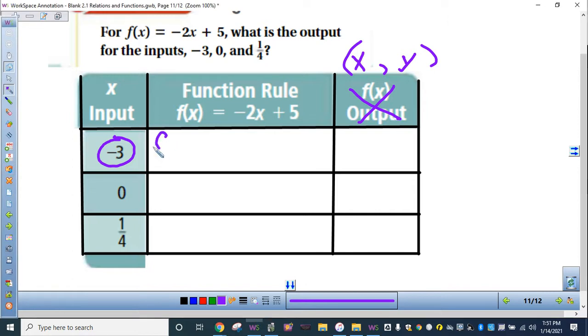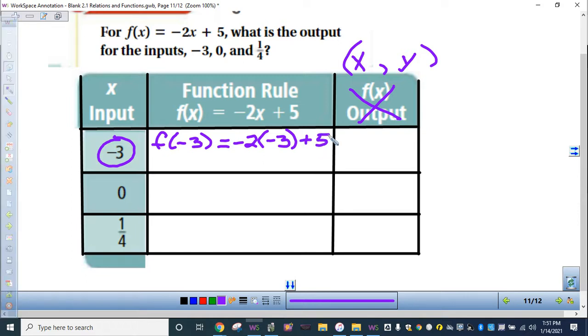So you get f of -3 equals -2 times -3 plus 5. -2 times -3 is 6. 6 plus 5 is 11. So when I plug in -3, f of -3 equals positive 11. So when you write that ordered pair, you just have -3, 11.